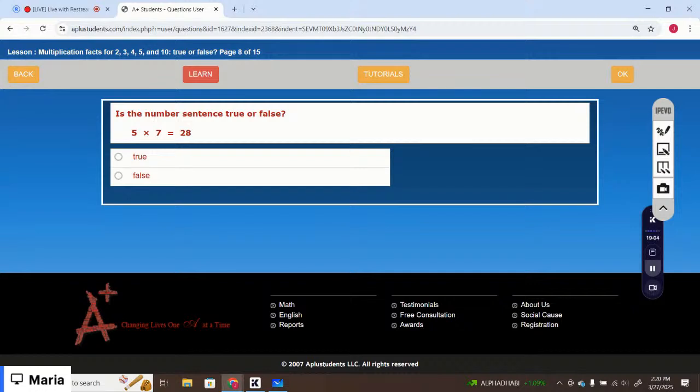Is the number sentence true or false? 5 times 7 equals 28.